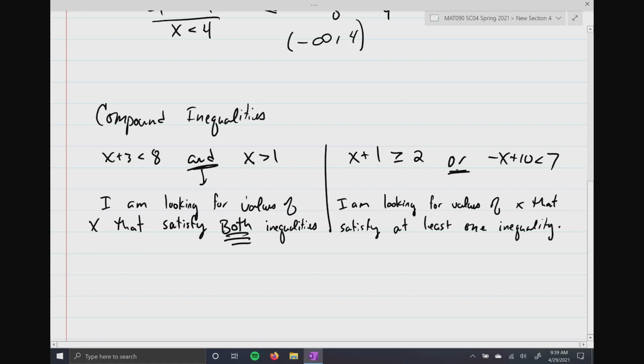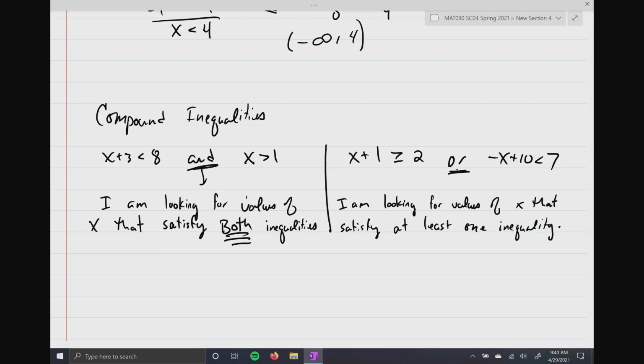So the or means that I'm looking for values of x that satisfy one inequality or the other inequality, even both. So the difference between and or or: with and they have to satisfy both, while the or only has to satisfy at least one.